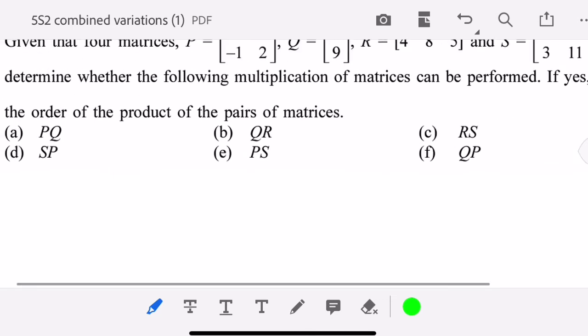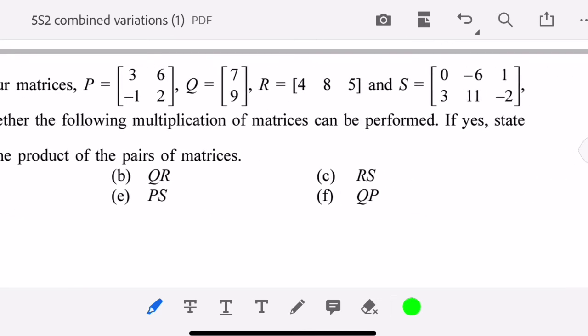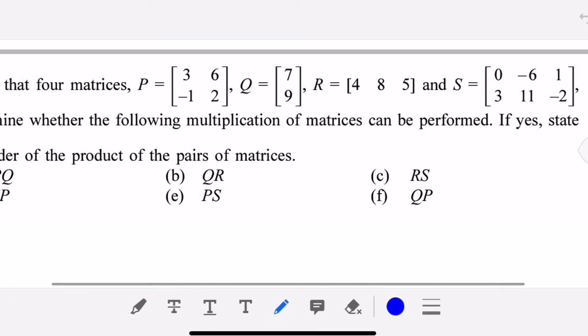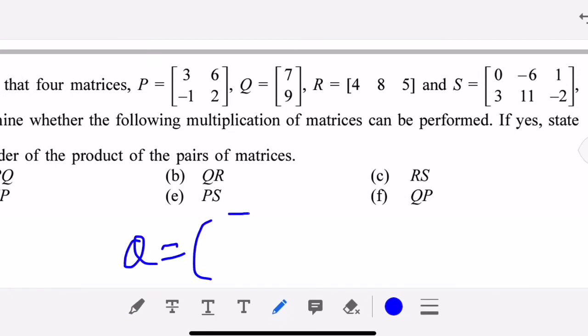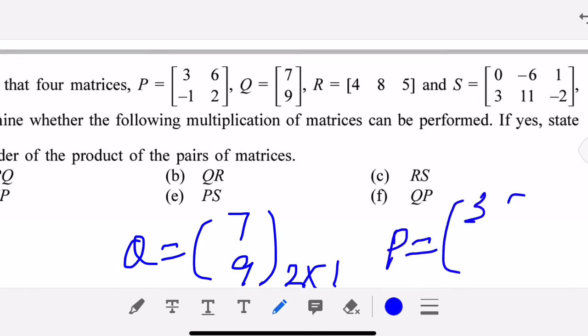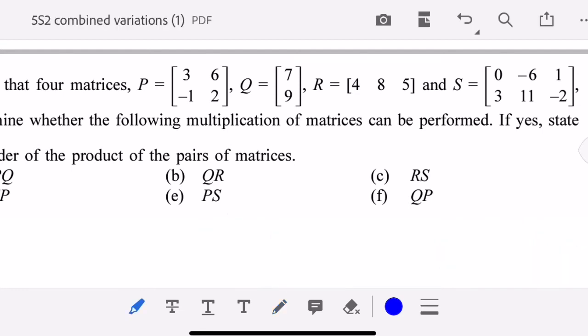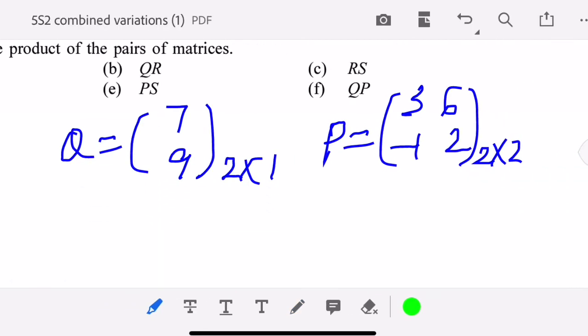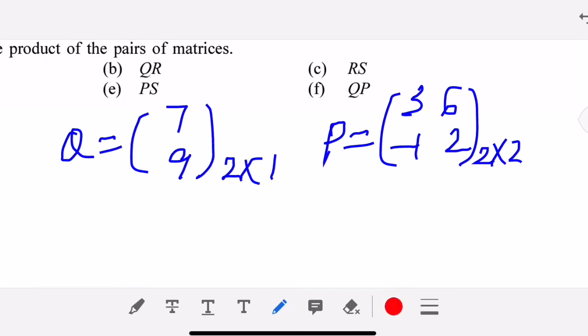Now how about Q multiplied by P? So let's study, Q is having 7, 9. So we have 2 rows and 1 column. And for P we have 3, 6, negative 1, 2. We have 2 by 2, right? So let's study the order of the matrix.